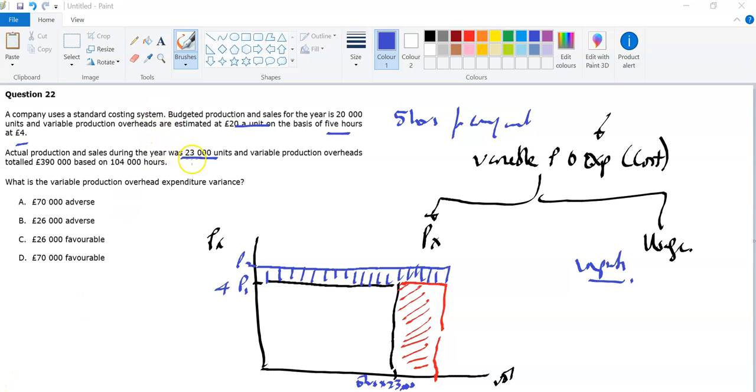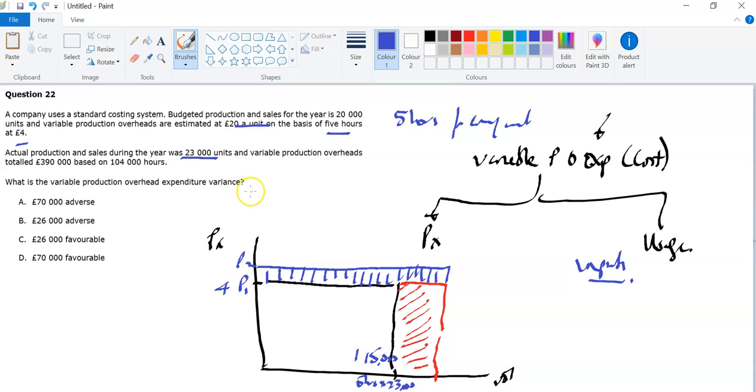Actual production for the year was 23,000 units. That's what I would expect you to use: 5 hours times 23,000. 5 times 23,000 is 115,000. So I would expect you to use 115,000 hours to make these 23,000 units.